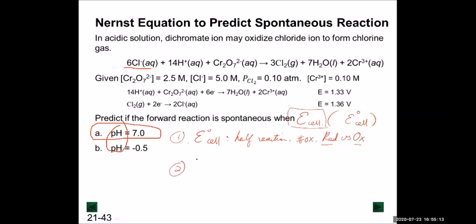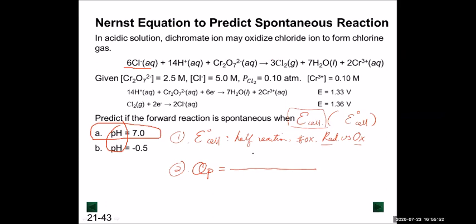Step 2. Nernst equation, the actual cell potential depends on the reaction quotient. And the reaction quotient, QP, for this reaction, if you look at the balanced equation, you have a chlorine gas, water liquid, chromium-3 ion as a product. So each of those products, the concentration or partial pressure of gas raised to the power of the coefficient.